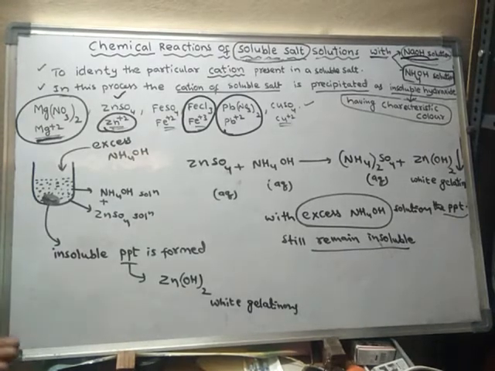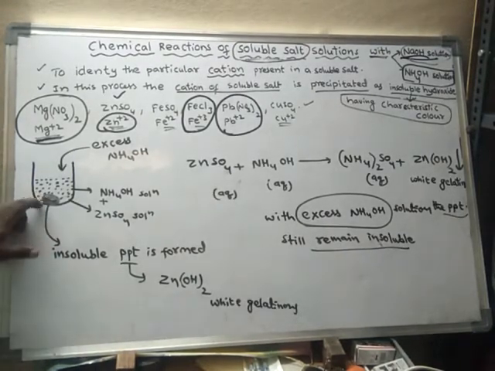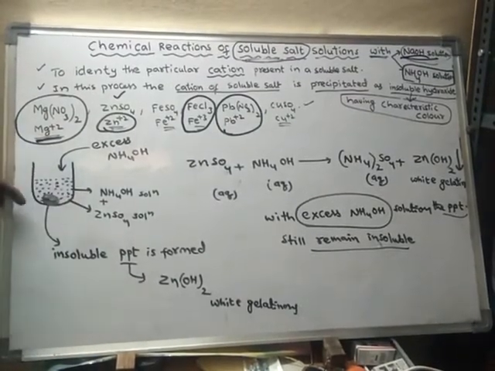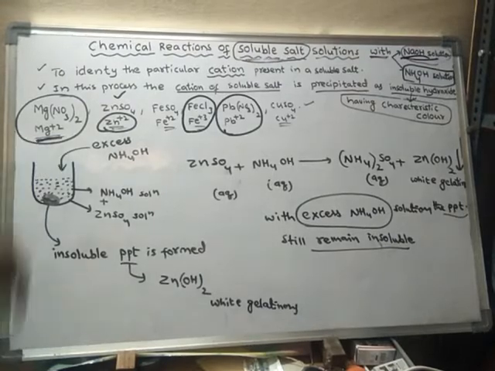Now after the formation of the white gelatinous precipitate, add an excess amount of NaOH to this solution. So what happens now in this case?